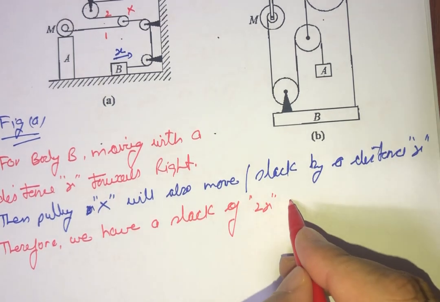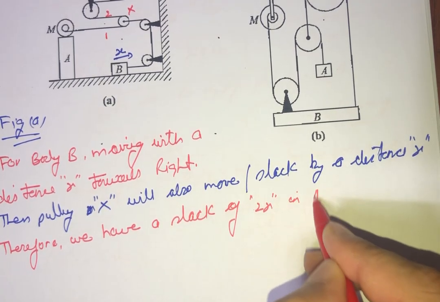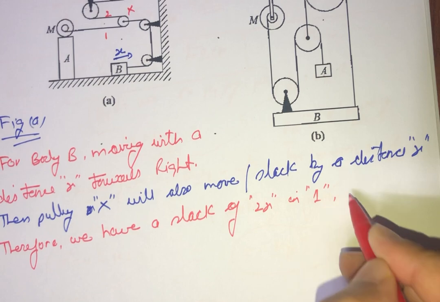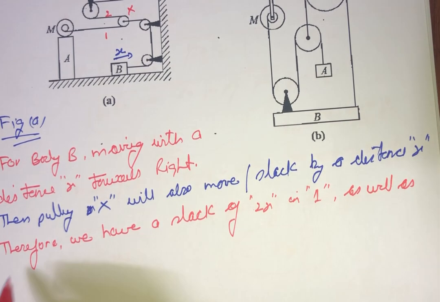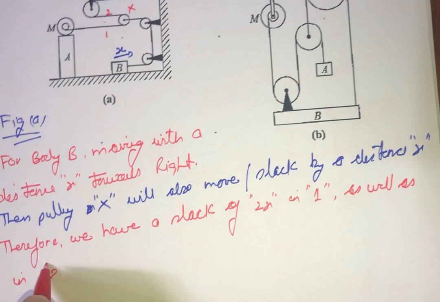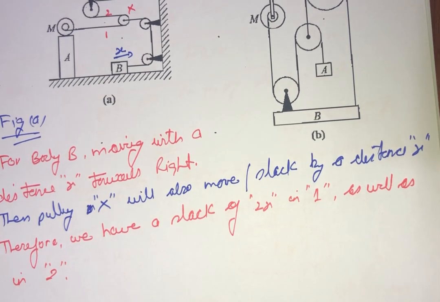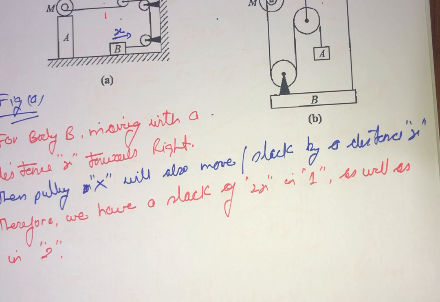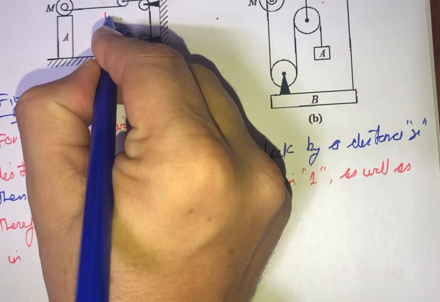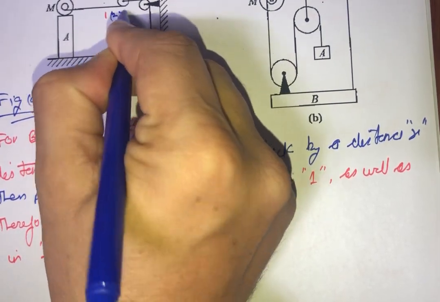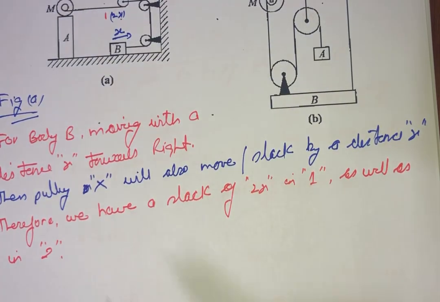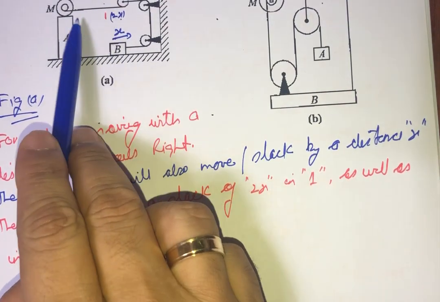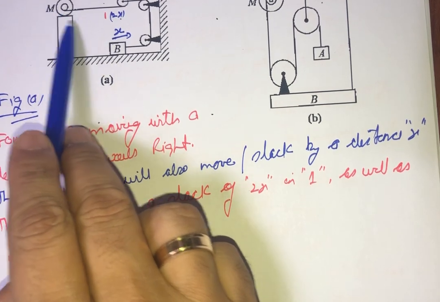Slack of 2x in 1 as well as in 2. Okay, so it means in 1 there is a slack of 2x and in 2 also 2x, but we are not interested in 2, we are only interested in 1, which is connected to the motor.